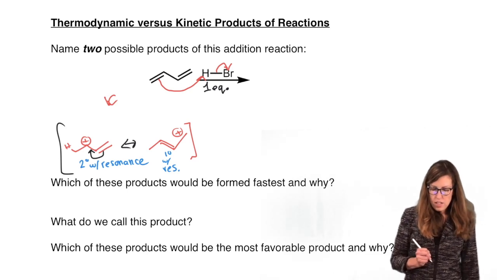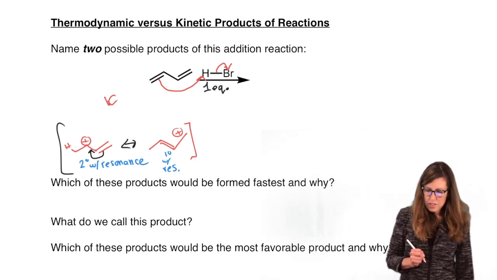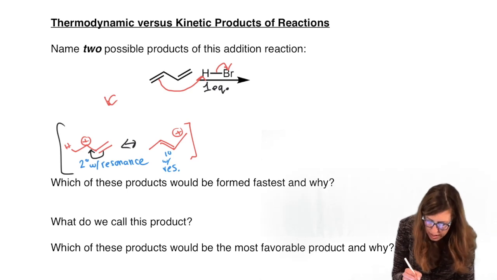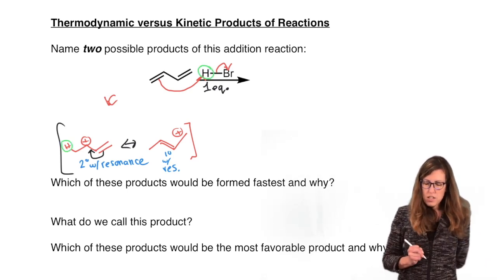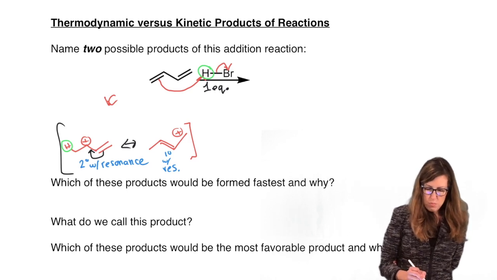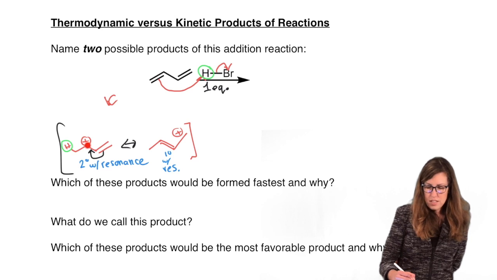Okay, so I'm going to track that H just so we don't forget, because we are adding HBr. Okay, so that means we can add the bromine here, or we can add it here.